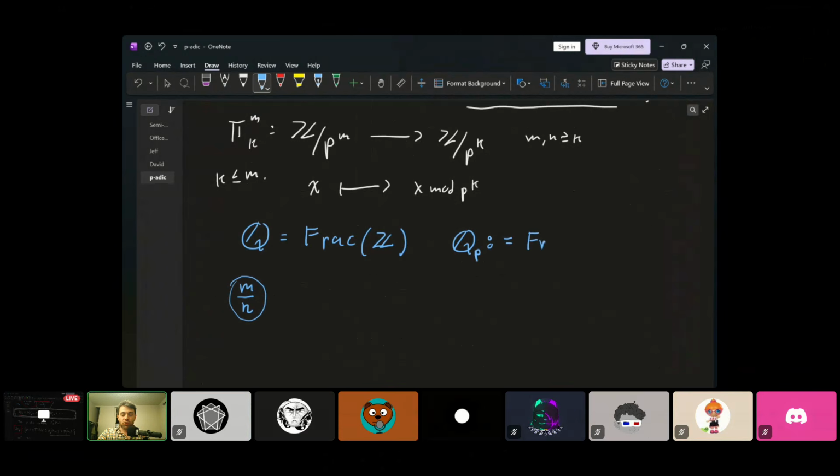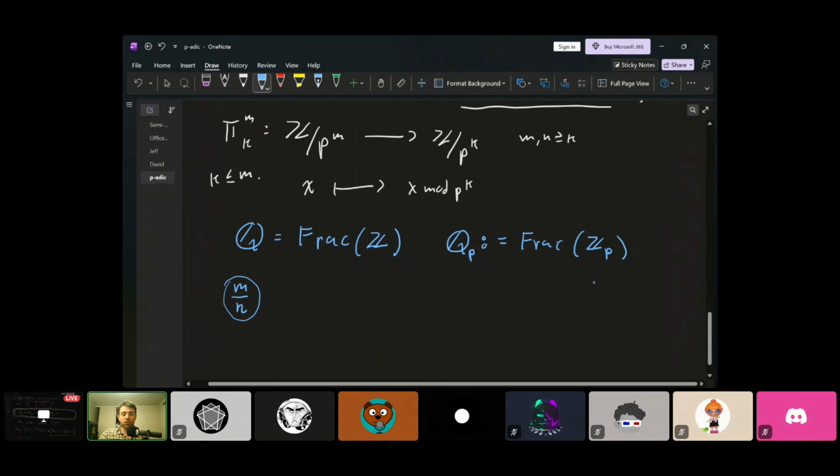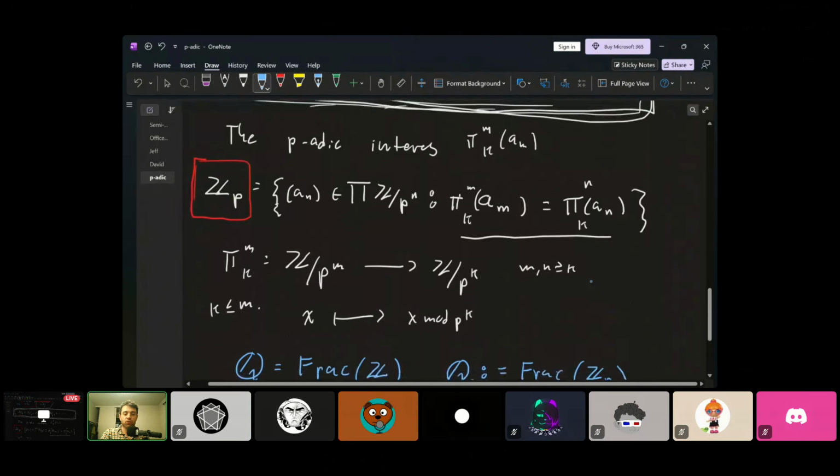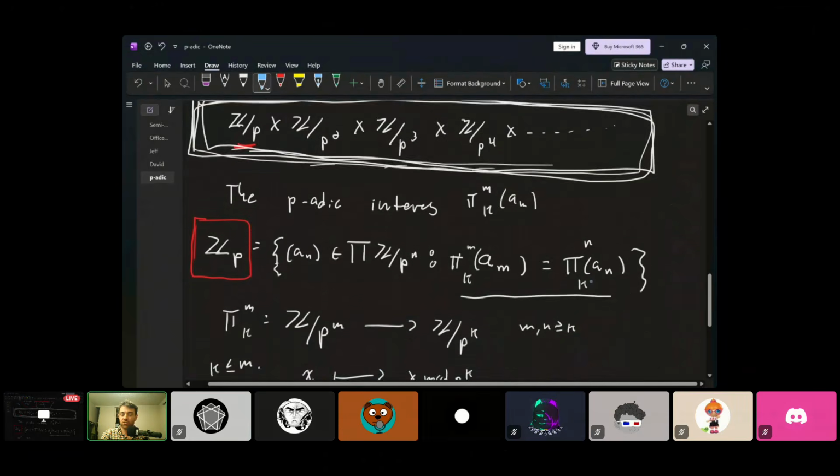So there are a lot of ways in which they're spiritually analogous to the integers, and a lot of ways in which they're very different. But one way in which they're the same is we also get a field, which we call the fraction field of the p-adic integers. Mind you, this doesn't make a ton of sense until I've told you about the ring operations on this.